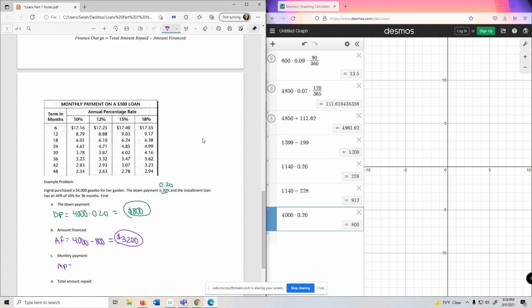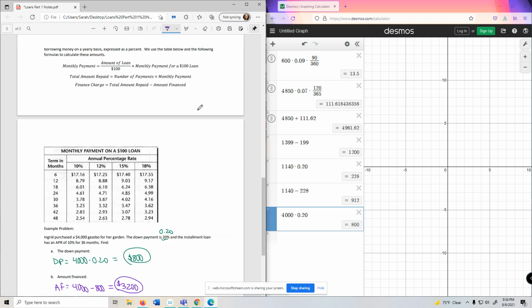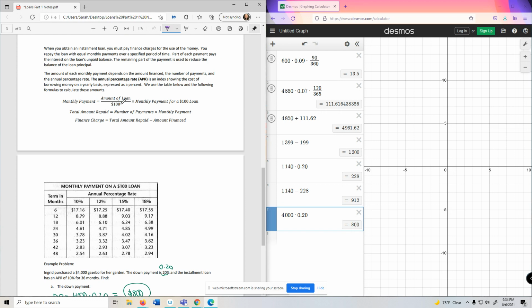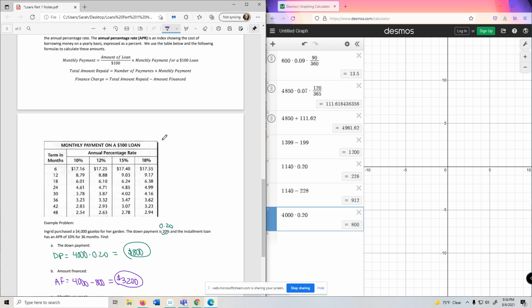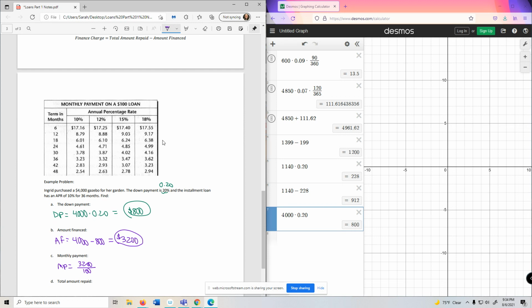So we start with the amount financed, $3,200, and divide by 100, because the table gives the monthly payment on a $100 loan, so we need to multiply by how many hundreds we have. That's where the division comes in. Looking at our formula, amount of loan divided by 100 times what we find in the table. In the table, we are looking for 10% for 36 months. In this 10% column, at 36 months, we get 3.23.